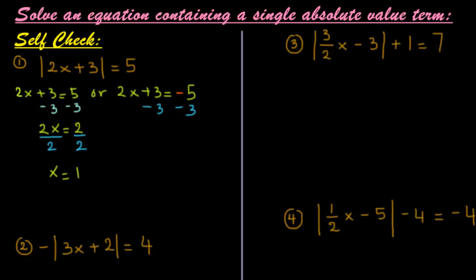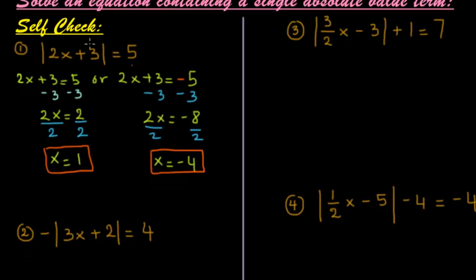We will have 2x equal to negative 8. And we divide by 2 on both sides. You will have x equal to negative 4. Okay, let me fix this. So x equals negative 4. x equals 1 and x equals negative 4 is my solution for problem 1.